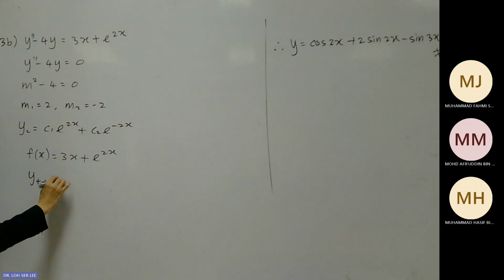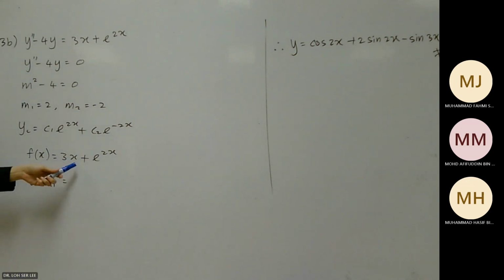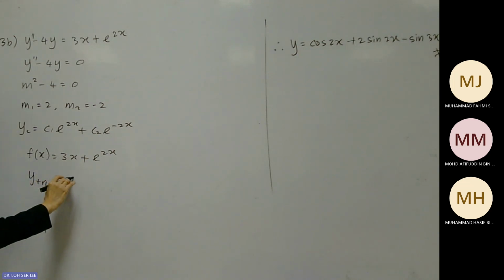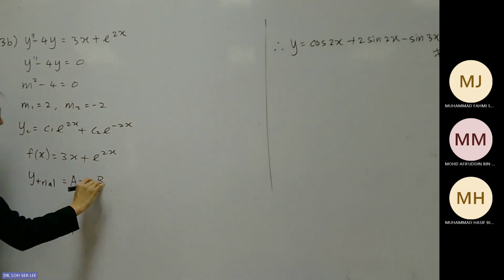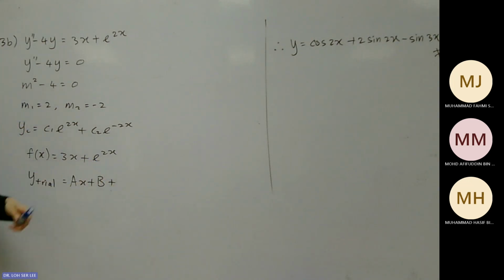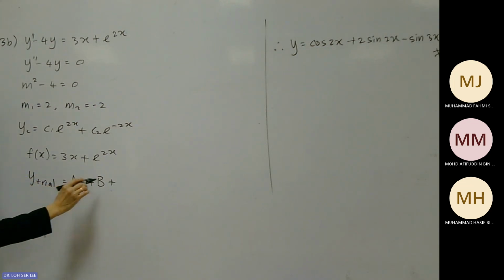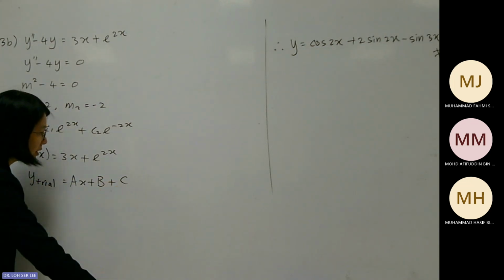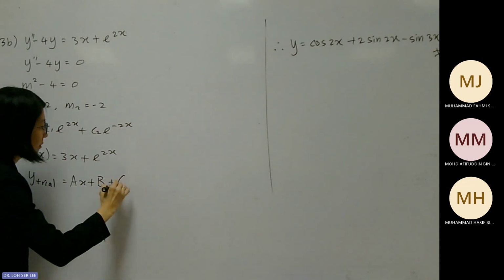On your y trial, for 3x, what is the general form? Ax plus b. And the general form for the exponential function is supposed to be a e^2x, but since a is already taken, so c e^2x.